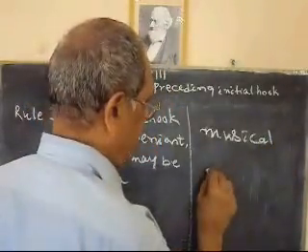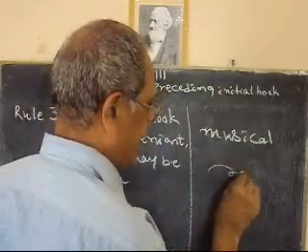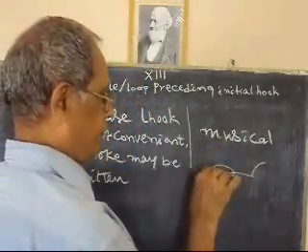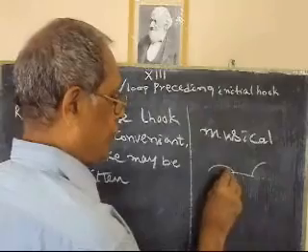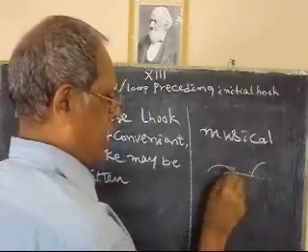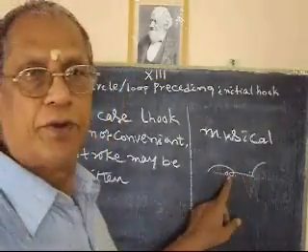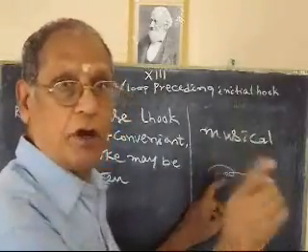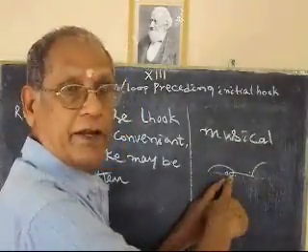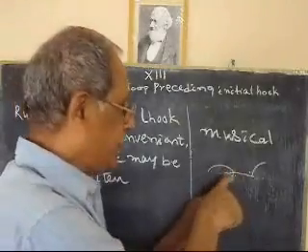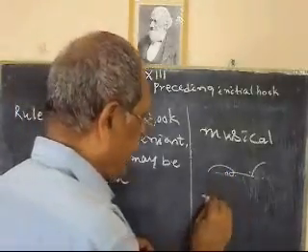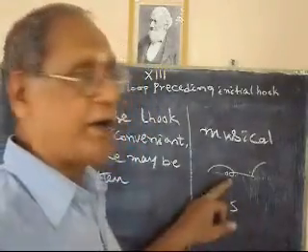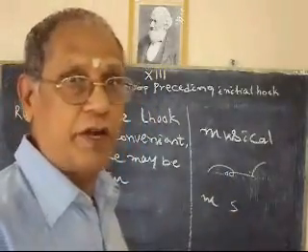Musical. That's all. Write the musical. Music. Because you cannot put this here. No, because the consonant is here. Though it is intervening between M and S, S is not having vowel places 1, 2, 3.